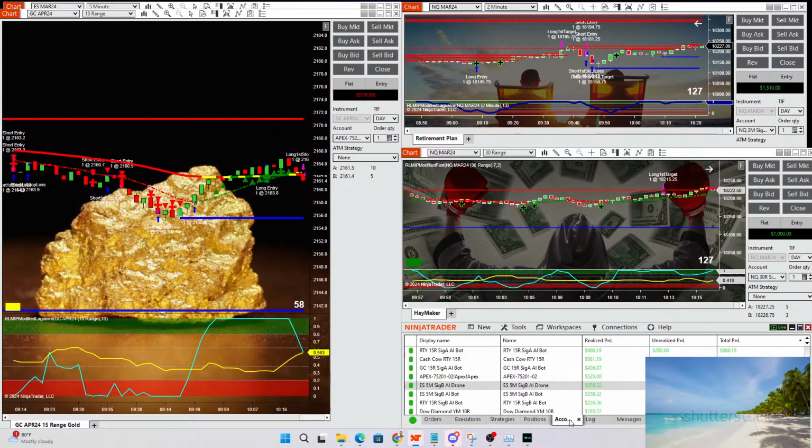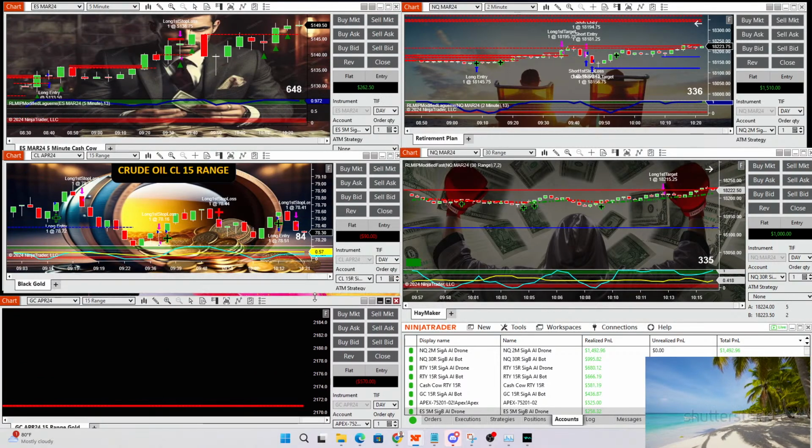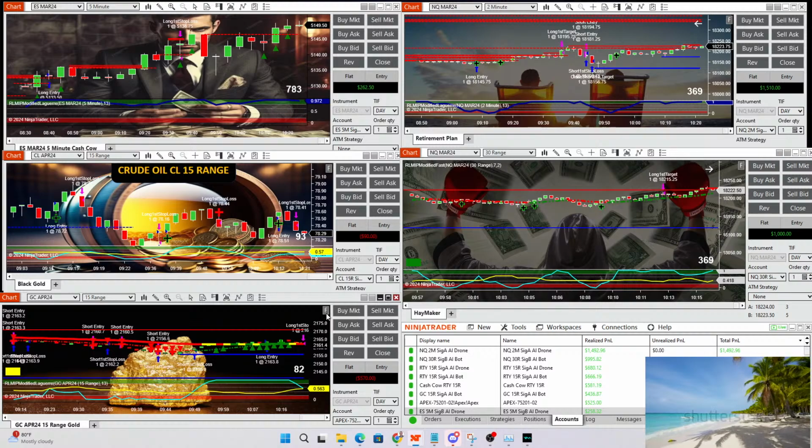So I'm just going to call it quits on the Apex today because I've kind of hit my profit and loss target. And I'm really close to picking up another funded account, actually 2 more funded accounts. And I just want to keep them. I don't want to take any big drawdown on any of them.